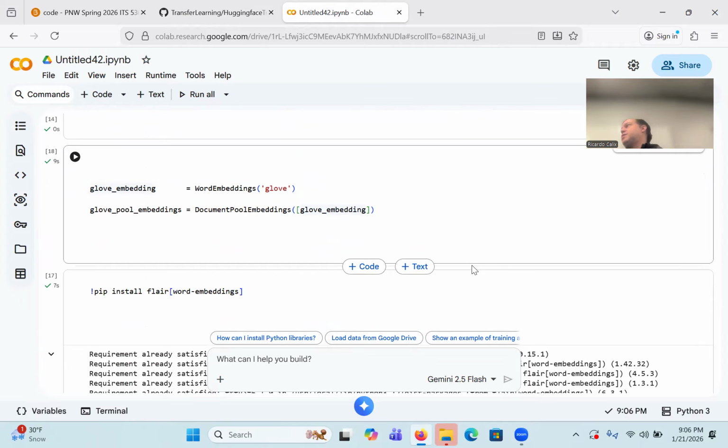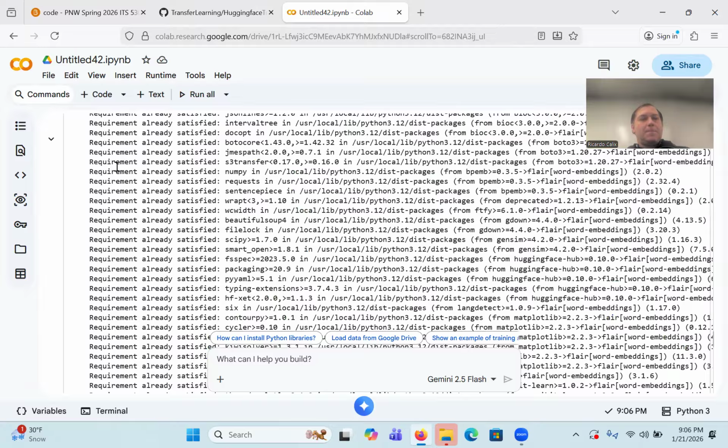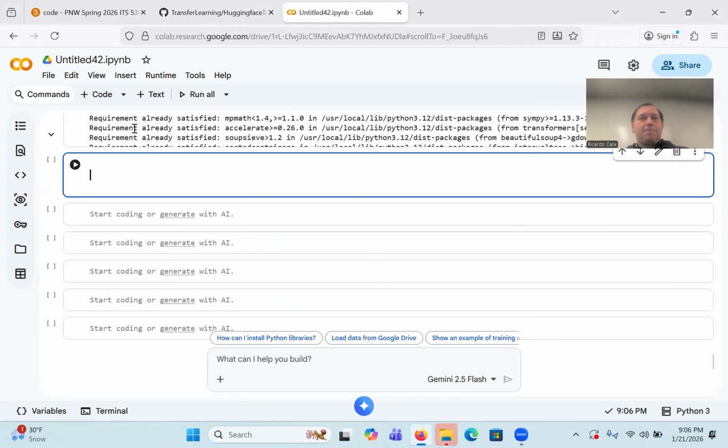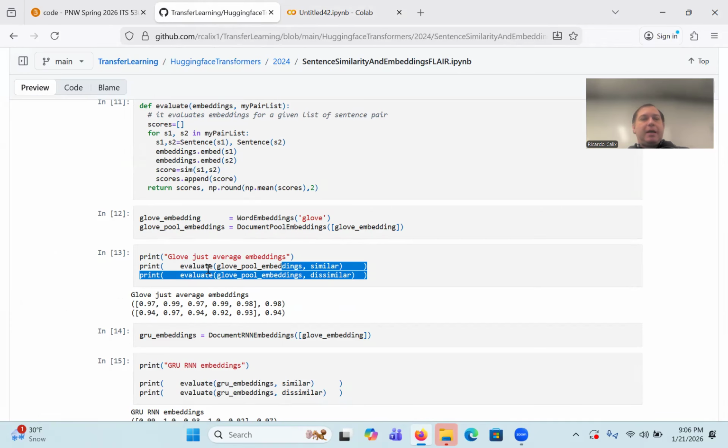So that means I'm using essentially the embedding solution from like 2014, 2015. That's where I am. I'm back in time, 2016, let's say. This was very popular. Let's see if it works. Okay, so I'm using glove. And now what I have to do is evaluate, right?